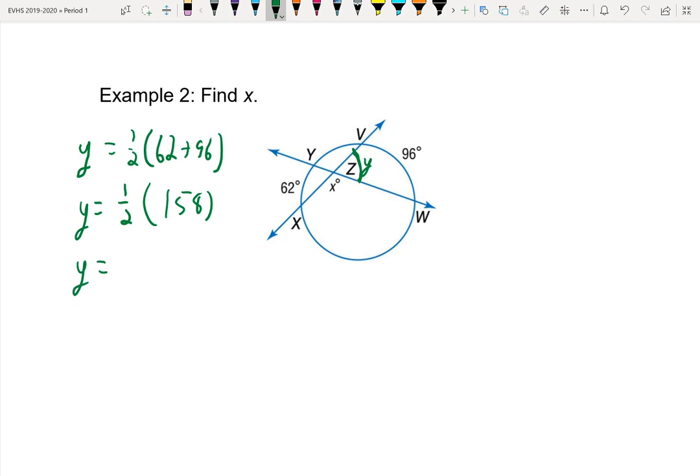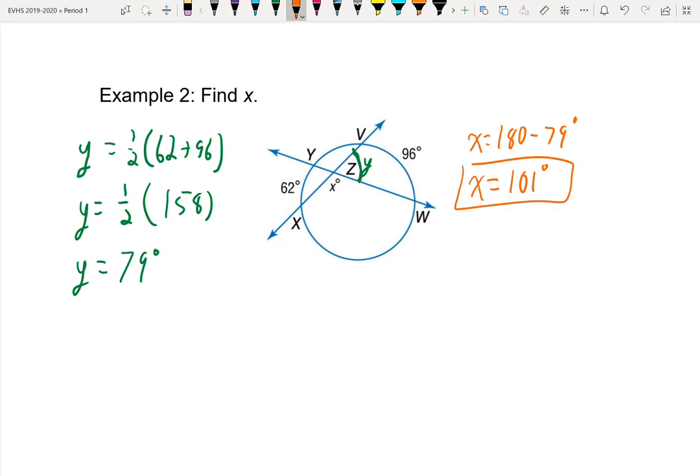Then I divide that 158 by 2, and I get that Y is equal to 79 degrees. Now, when I want to find the measure of angle X, I know that X is just equal to 180 minus 79 degrees. So X is equal to 101 degrees. So same property, just one extra step.